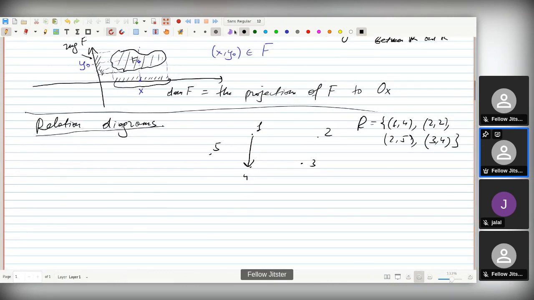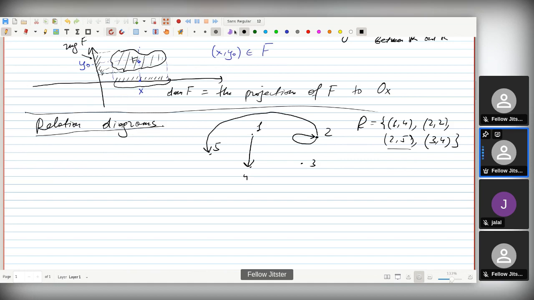Then I shall depict the pair 2, 2 as an arrow. But for this arrow, its beginning point coincides with its ending point, so this arrow is just a loop. Is it clear? Yes. Then the next pair, 2, 5.